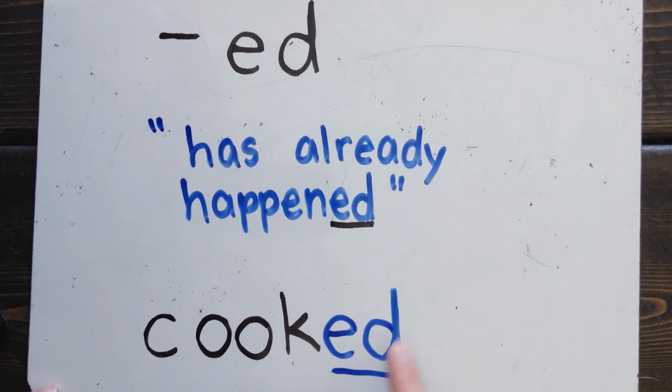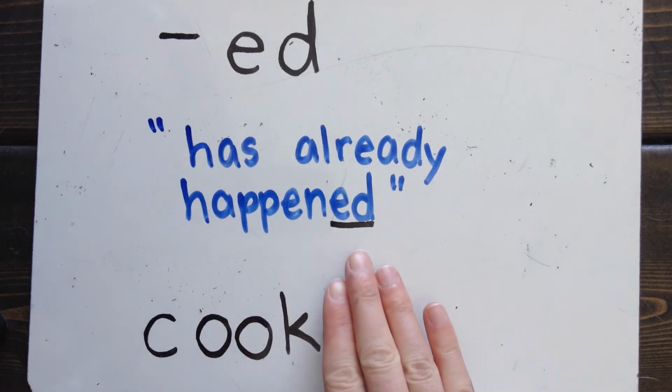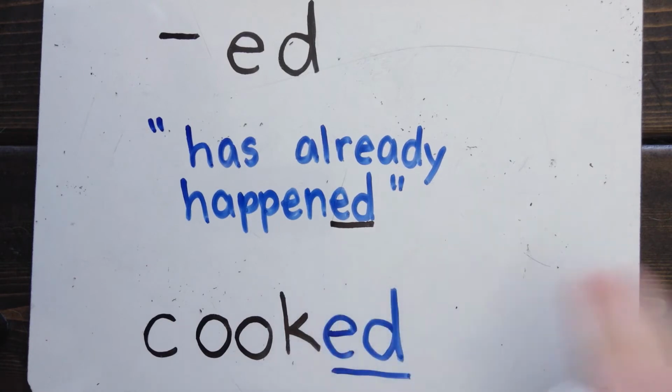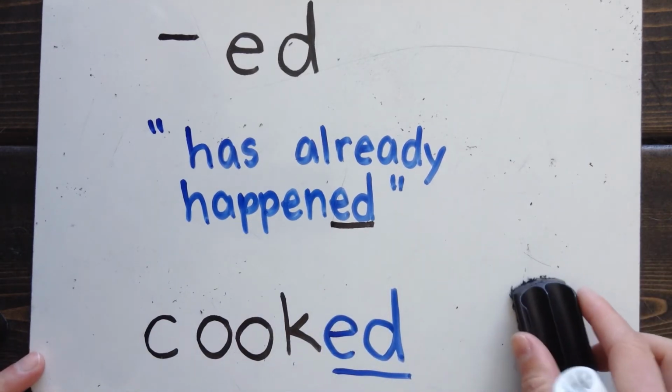It means it's already happened. The cooking has already happened. So perhaps last night you cooked or a month ago you cooked. Either way, you did it in the past and the cooking has already happened. Without that ed suffix, it means it's happening now or at an unspecified time.